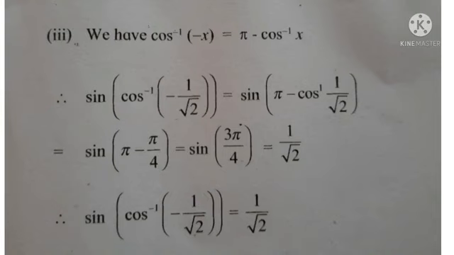We know cos inverse of minus x can be written as pi minus cos inverse x. So you apply sine on both sides: here sine of cos inverse minus 1 upon root 2, and here sine of pi minus cos inverse 1 upon root 2. Now student, you know, you write this as sine of pi minus pi by 4, which is equal to sine of 3 pi by 4, which is equal to 1 upon root 2. So we get the answer: sine of cos inverse minus 1 upon root 2 is 1 upon root 2.